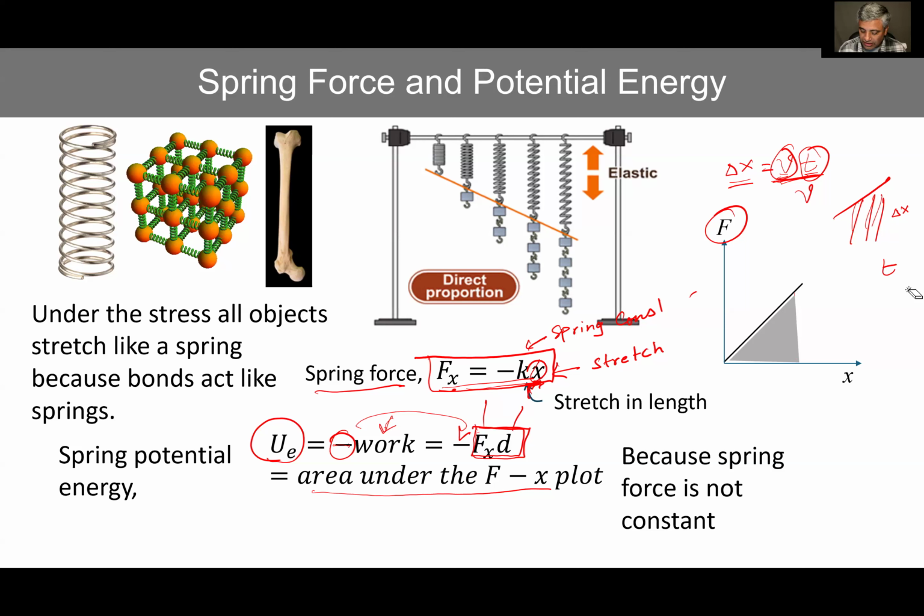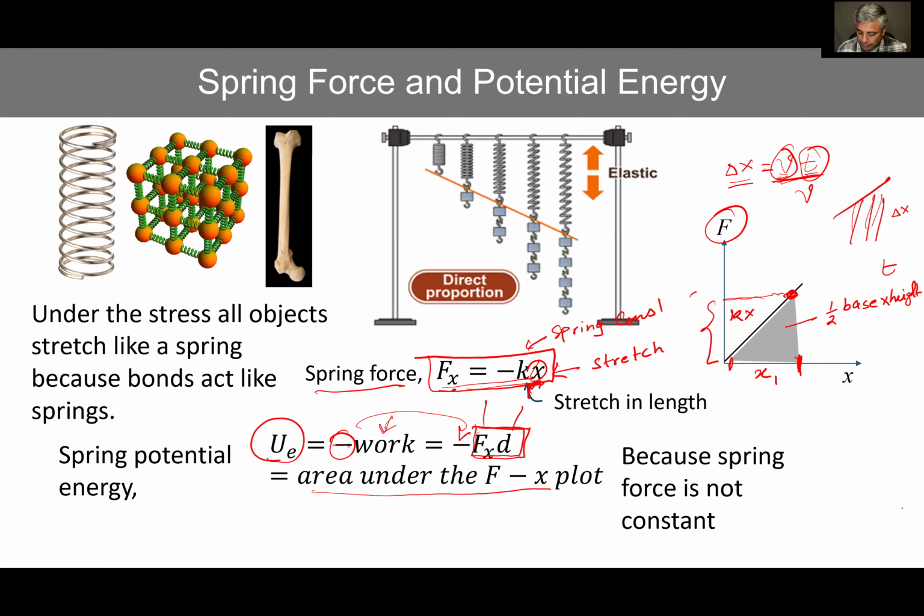Okay. And we know area of this triangle is half base times height. If the base is, let's say, x1 or simply x, since there is only one x, we can just write x as well. The force at that point also depends on k and x.